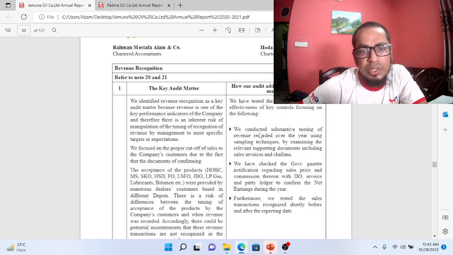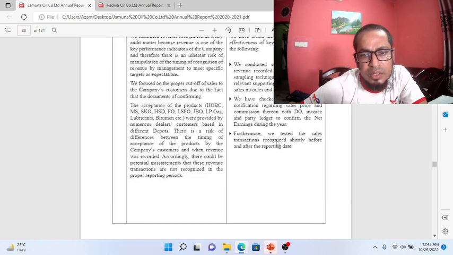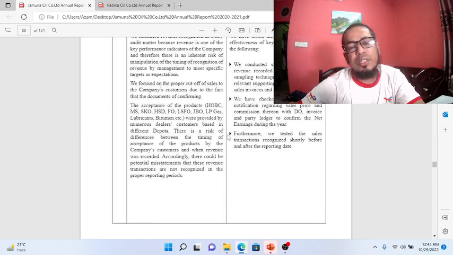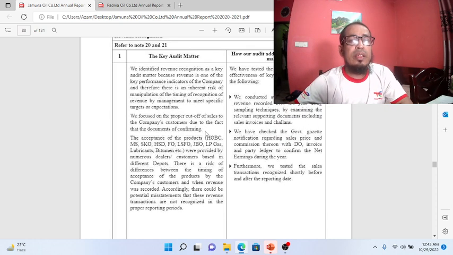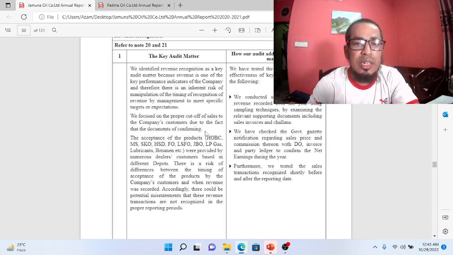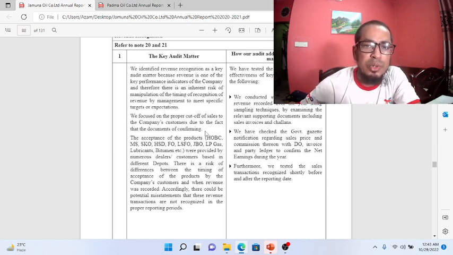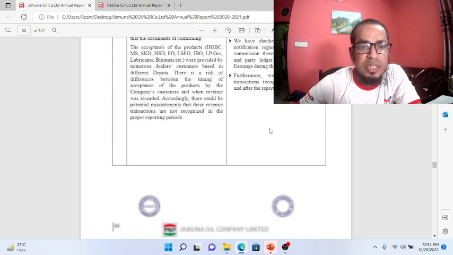So the auditor has conducted a substantive test, checked the government gazette, and tested the sale transactions recognized shortly before or after the reporting date. This was the way in which the auditor addressed the key audit matter.